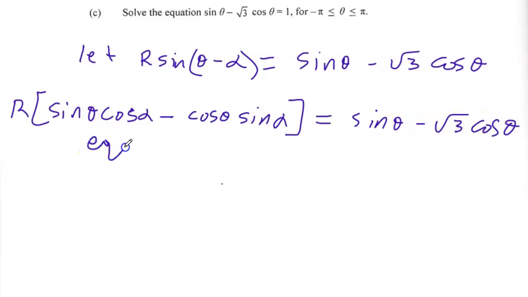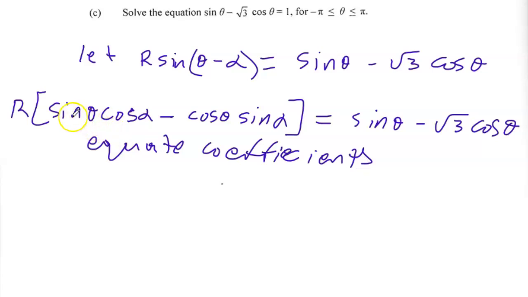Now we can equate coefficients. For sine theta, we'll end up with r cos alpha on the left hand side, and on the right hand side the coefficient is 1.